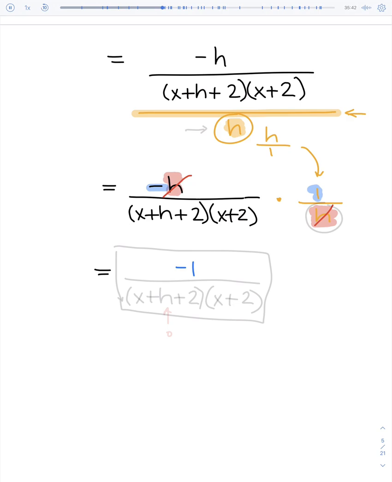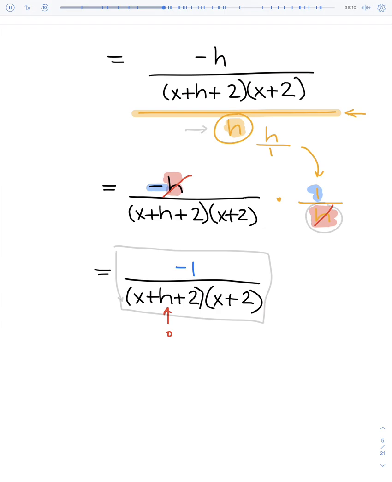And I still have my messy pieces on the bottom, the x plus h plus 2 and the x plus 2. But just like the square root problem, I don't have any solo h's by themselves. And it is okay to, at some point, if I needed to, plug in 0 for h, because if I did, I would just get an x plus 2 times an x plus 2.